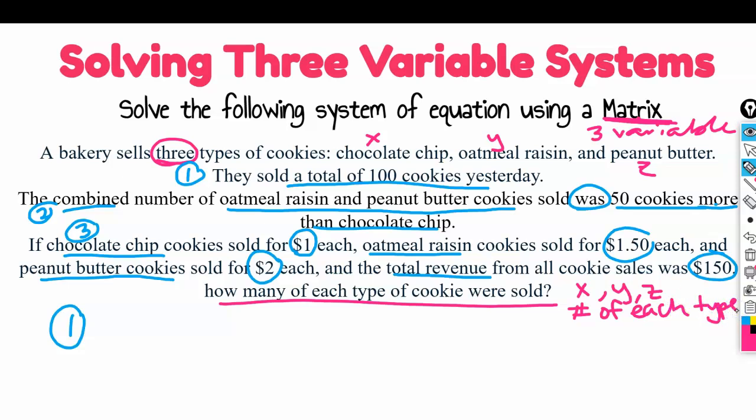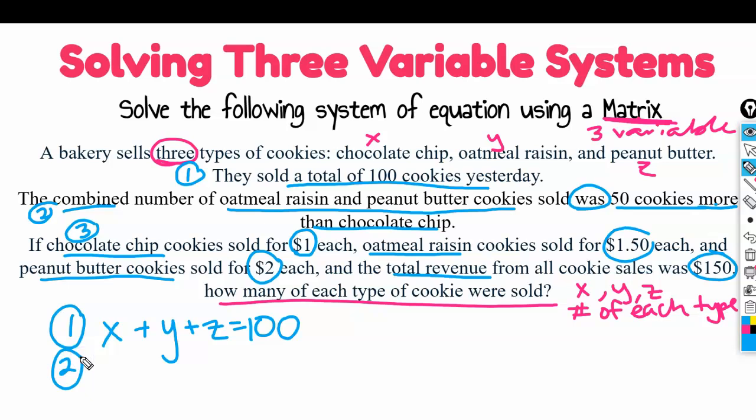So if in total, I add the number of chocolate chip, the number of oatmeal raisin, and the number of peanut butter cookies, it'll add up to 100. So I can just do X plus Y plus Z equals 100. Super easy.